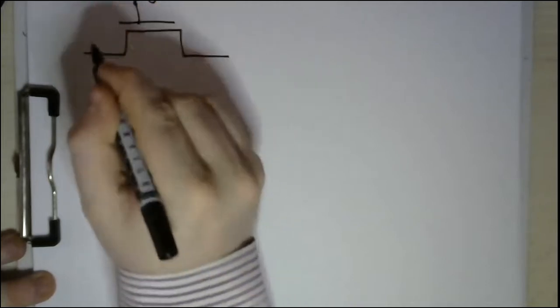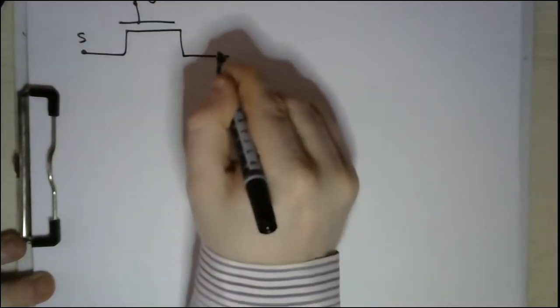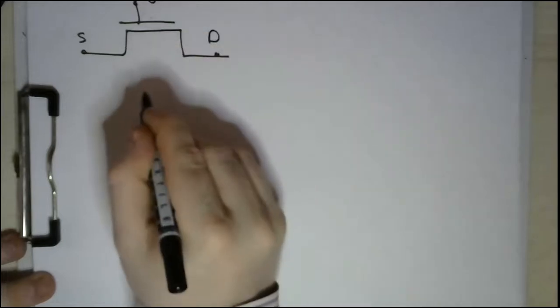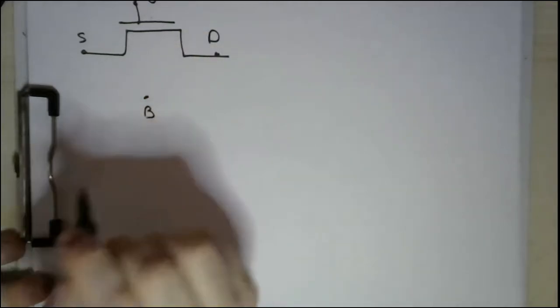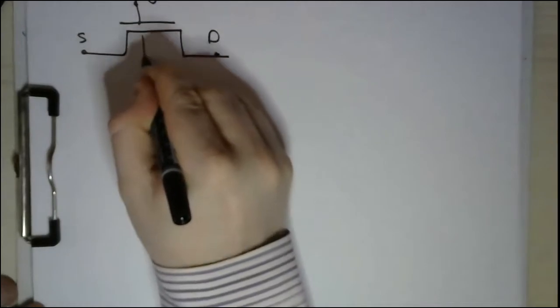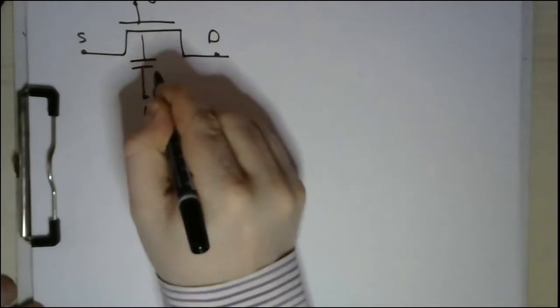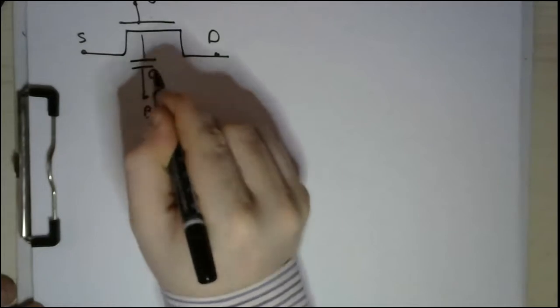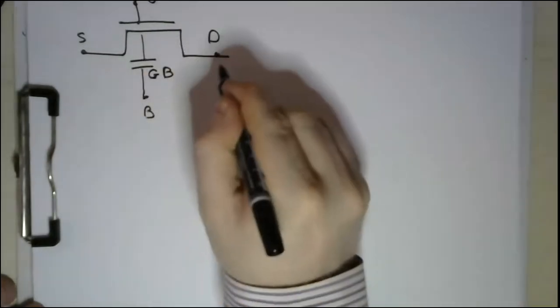So this is the gate, this is the source, this is the drain, and this is the bottom. So as we said, we have a series of capacitors. So we have the gate body capacitance.